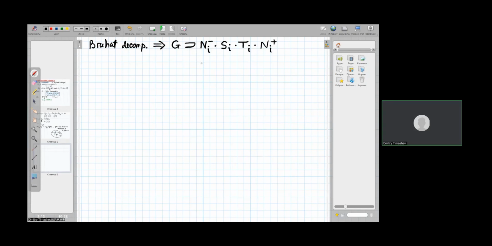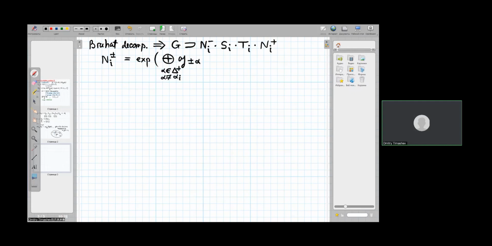So Ni minus and Ni plus, Ni plus or minus, are the unipotent subgroups which are exponential images of the Lie subalgebras composed from the root subspaces. You have to take the direct sum of all root subspaces corresponding to positive or negative roots plus or minus alpha, where alpha ranges over all positive roots except the simple root alpha i.